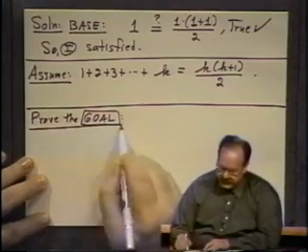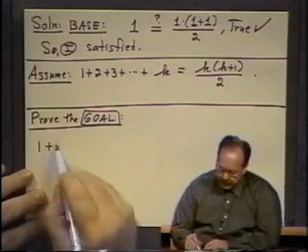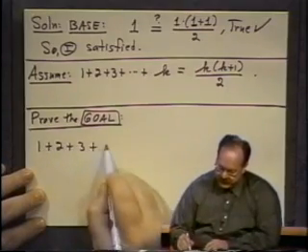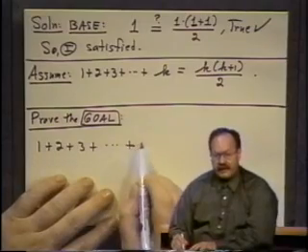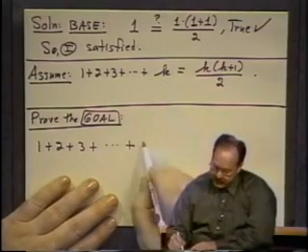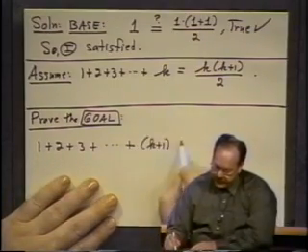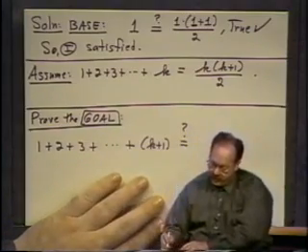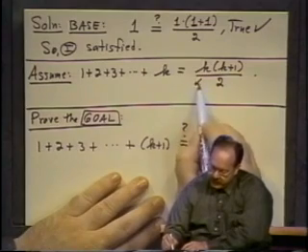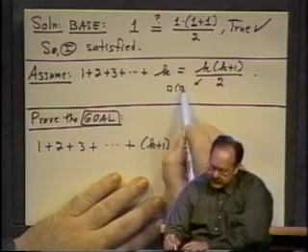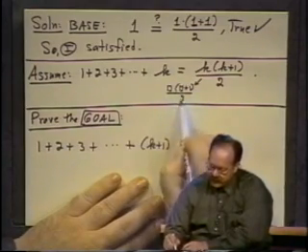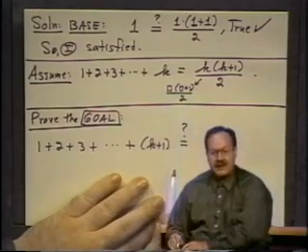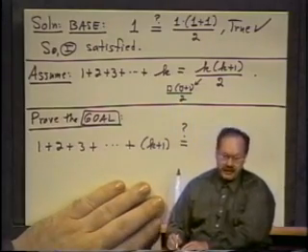And the goal is this: 1 plus 2 plus 3 plus dot dot dot plus the next number following k, which is k plus 1, is equal to, we don't know what's equal yet, but that's what we want to show. And then up here, if you want to remember this as box times box plus 1 over 2, then we're replacing the boxes, which are k's, by k plus 1's.